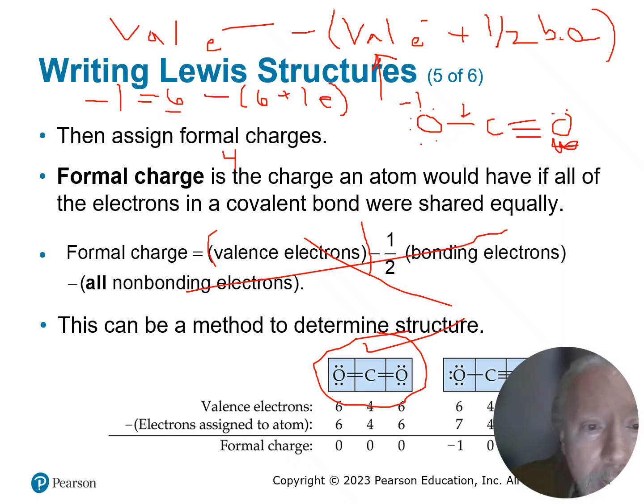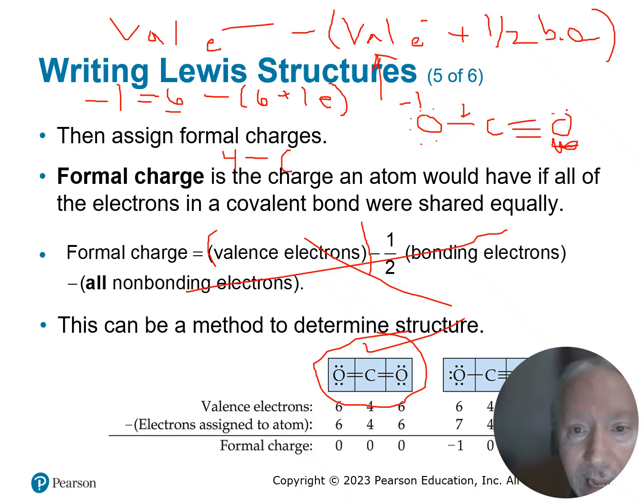We're on carbon now, and so we know there's got to be 4 valence electrons on carbon. So how many does carbon have around it? Well, we look at this and we say, okay, there's 2, 4, 6, 8. So it's got shared bonded electrons. Bonding electrons is going to be half of that.